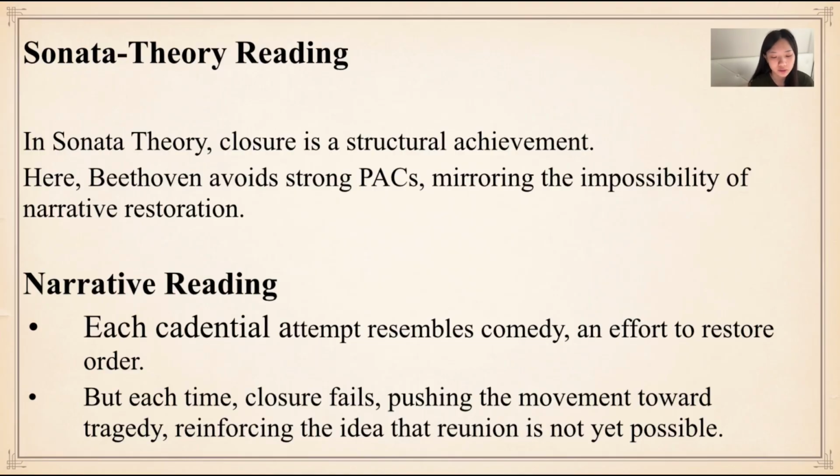In narrative interpretation, we can see each cadential attempt as a comedic attempt to restore order. But because the closure fails each time, the movement ultimately moves toward tragedy. In terms of expressive meaning, this suggests the impossibility of return or emotional completion in the middle movement.